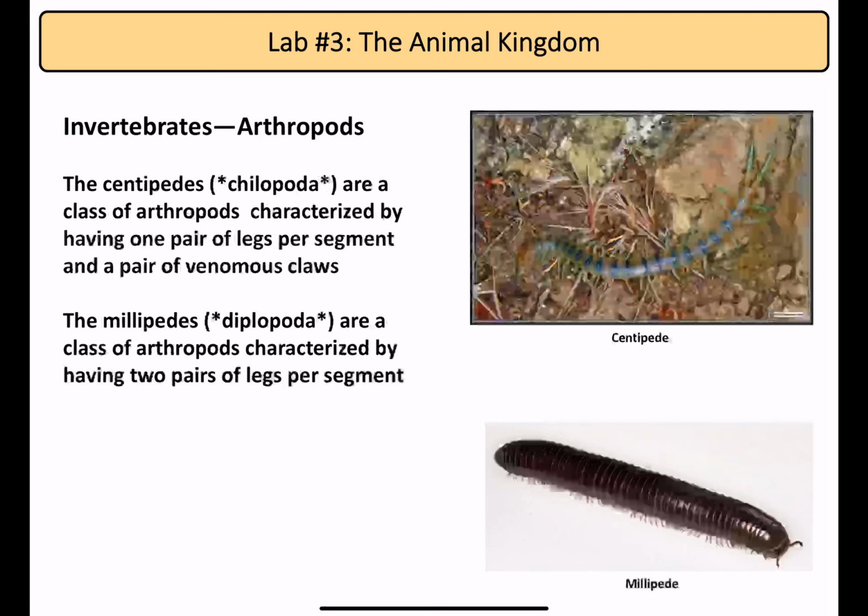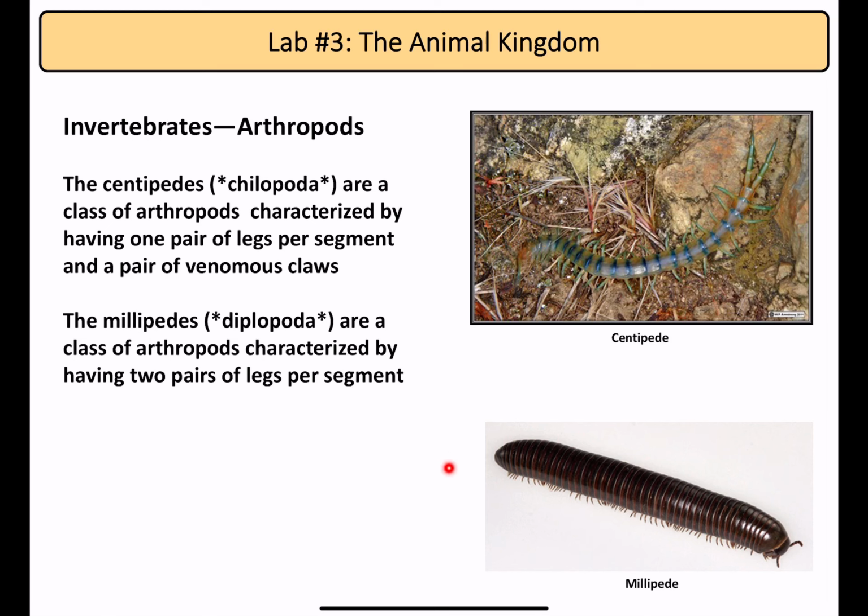Next group of arthropods, we have the centipedes. You can see their segments here. At each segment, they have 1 pair of walking legs. Centipedes are also predators. They have venomous claws. Third group are the millipedes.